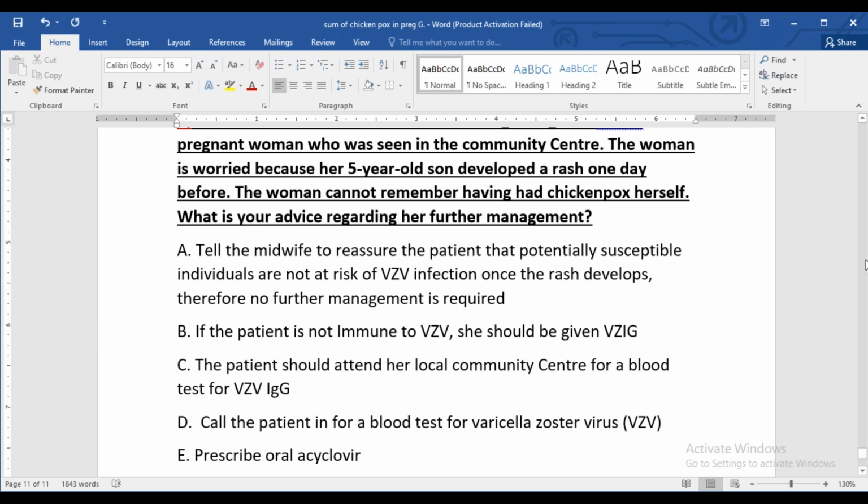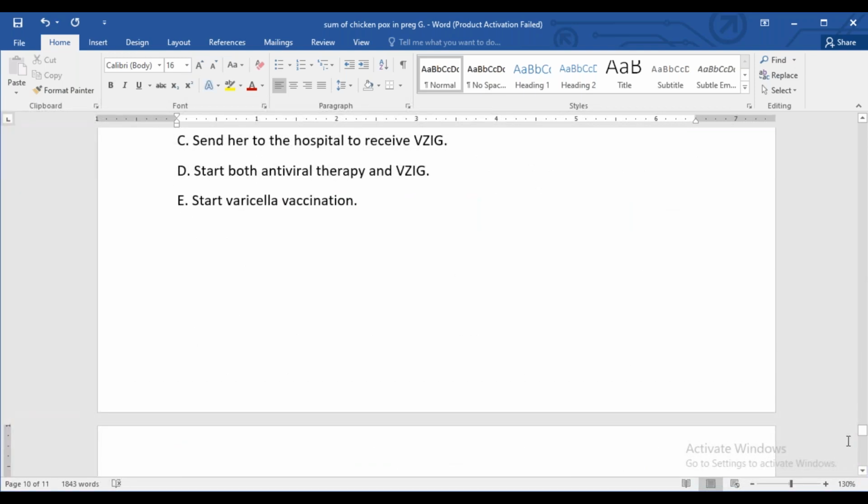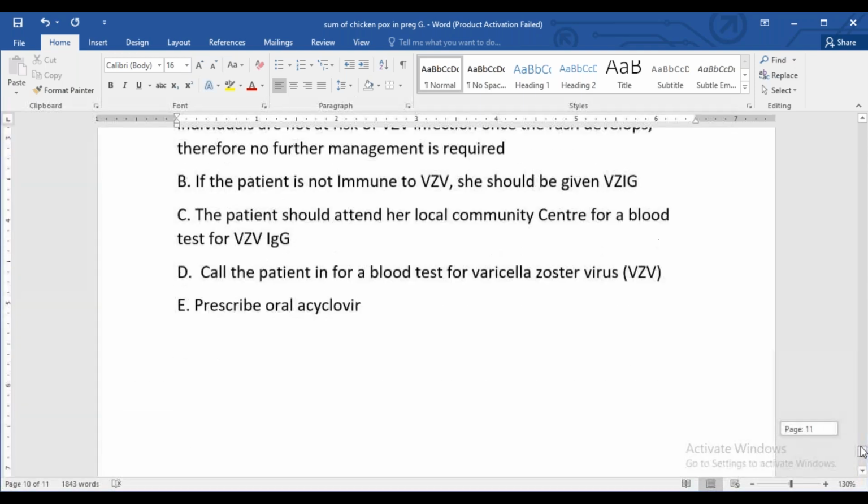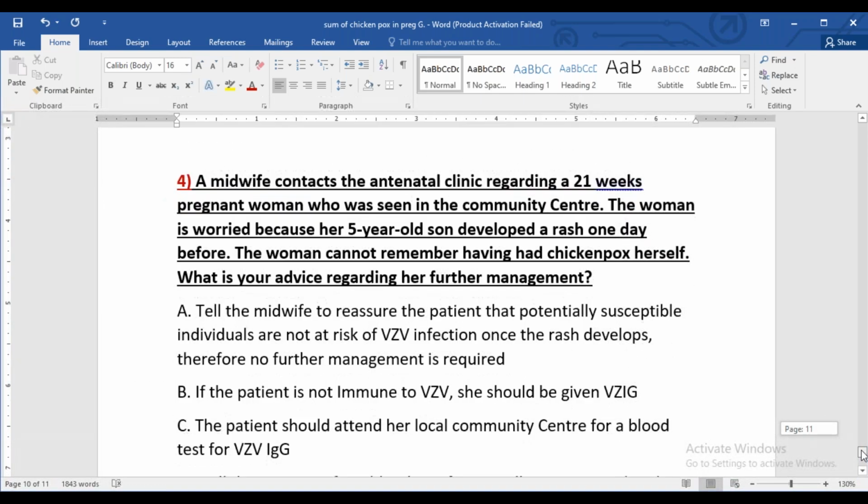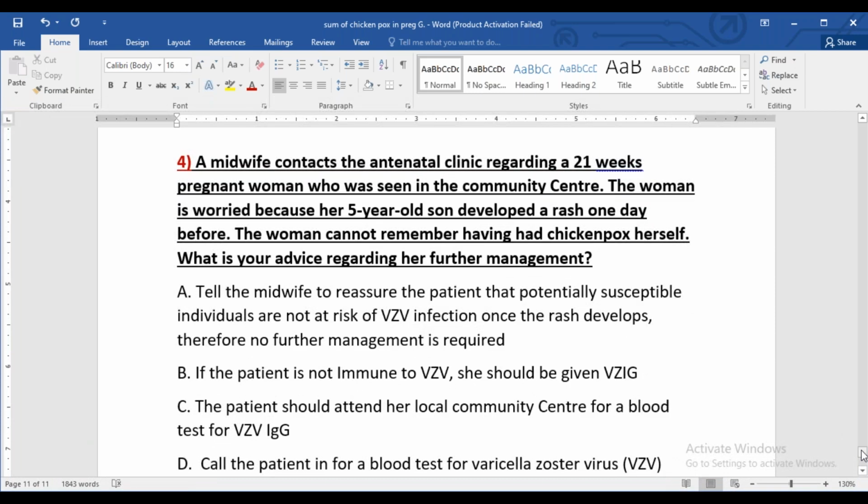Dr. Walaa, answer B also seems right. Okay, dear, let's check. If the patient is not immune to varicella zoster virus, she should be given varicella zoster immunoglobulin, this is also right. Let's check the question once again. The woman is worried about a rash developed one day before.